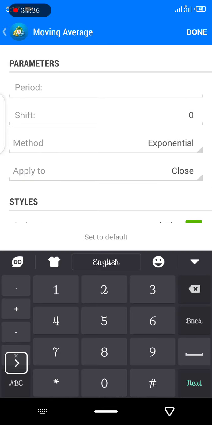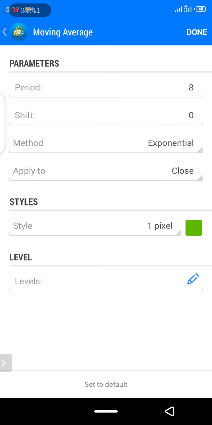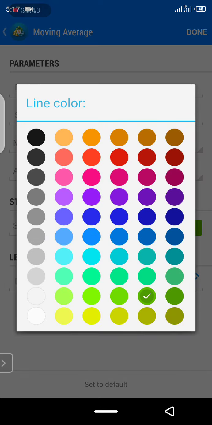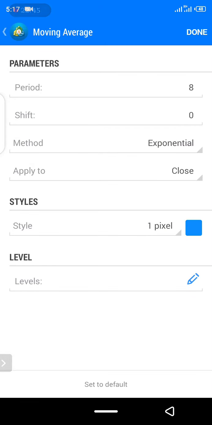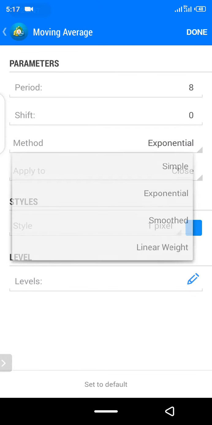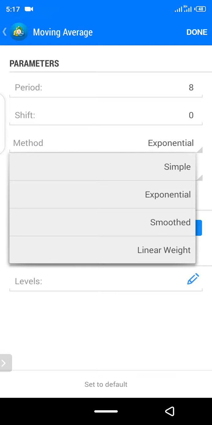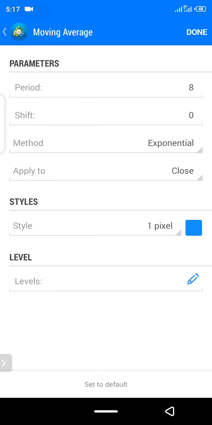Your moving average should be what? 8. 8 should be blue. You see, exponential and simple. That's EMA and SMA. You see my setting? 8 exponential, close, 1 pixel, blue.